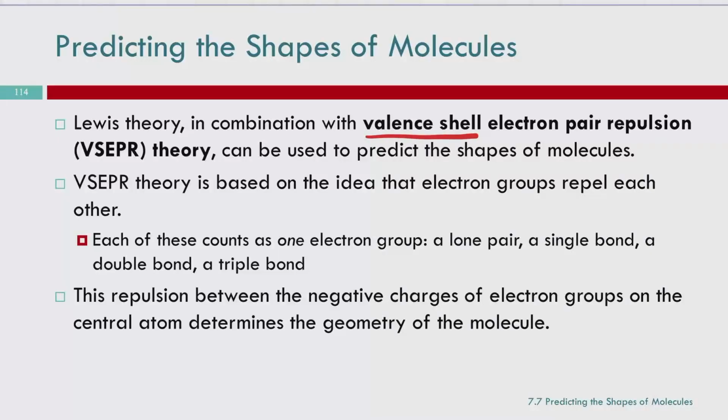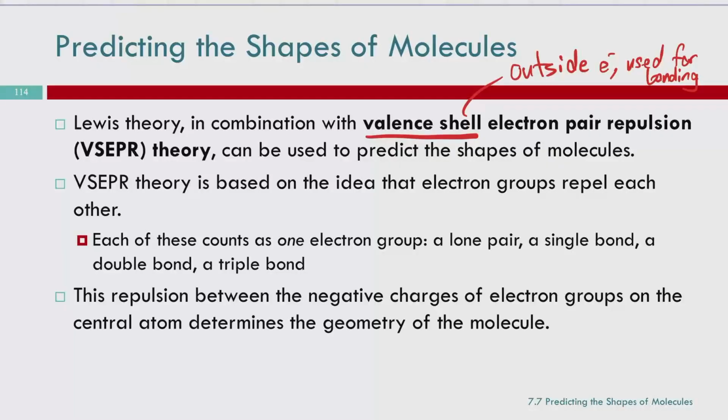What is the valence shell? Which electrons are those? Those are the outside electrons. Those are the ones that we're using for bonding. The ones that we're using for bonding also are lone pairs. So valence shell. What's an electron pair?